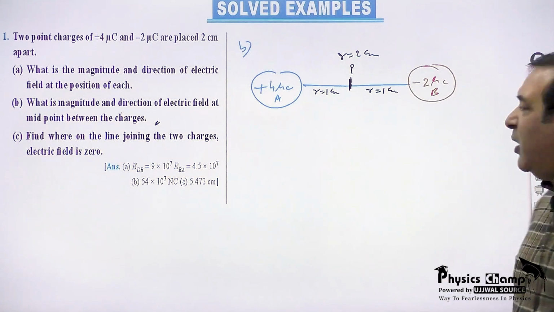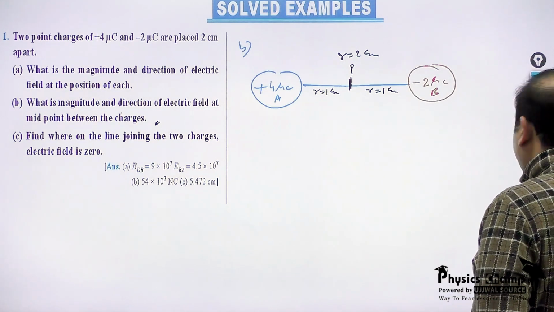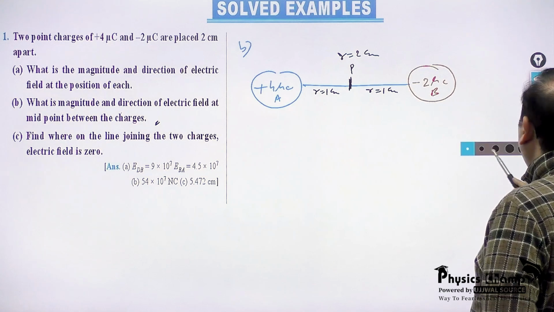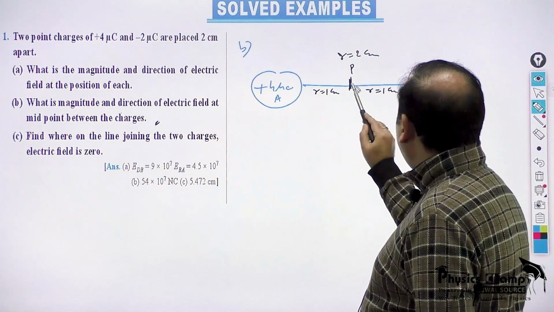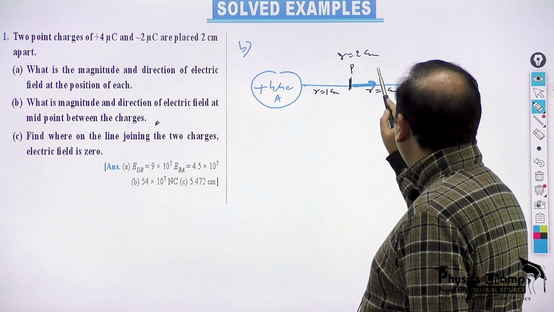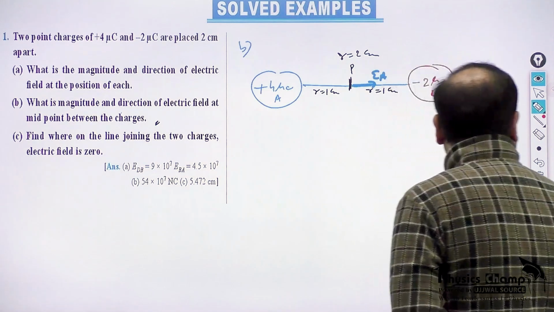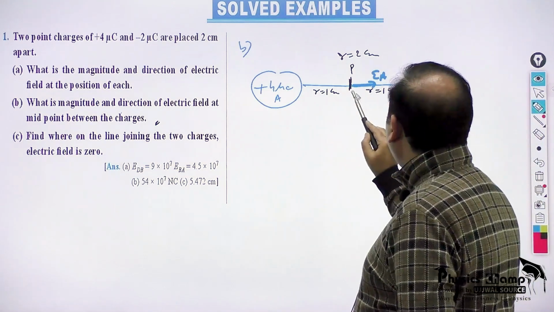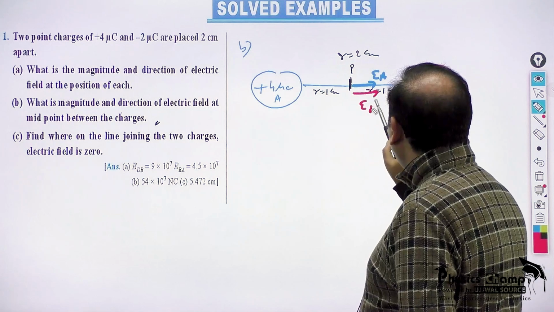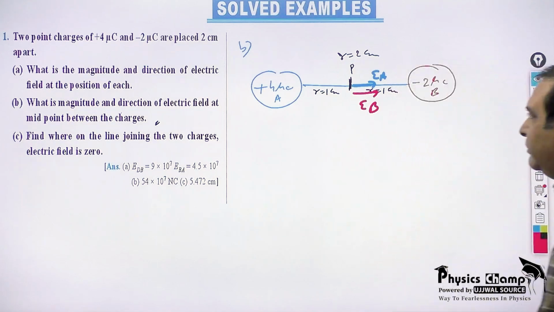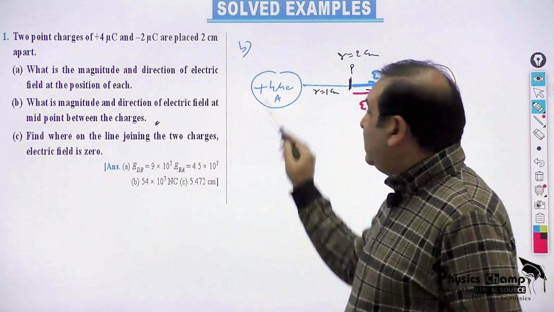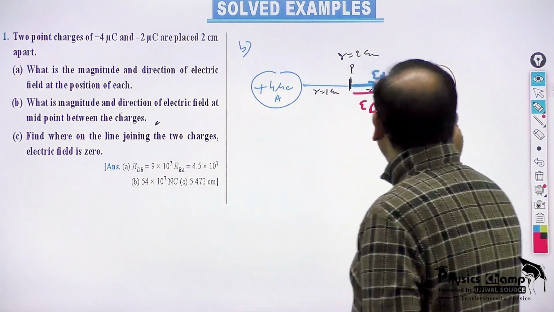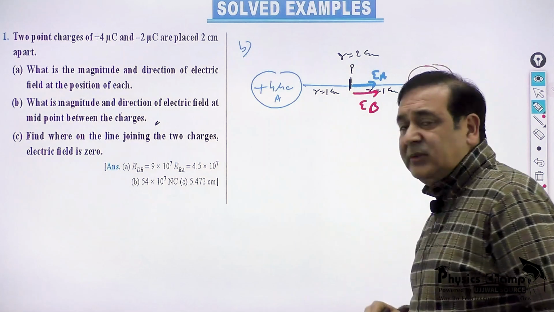So if we are looking for the electric field at P, there are two electric fields at P. One is the electric field due to A, EA, and another is the electric field due to B, which is EB. This charge A will provide electric field away from it because it's a positive charge, and this negative charge will provide electric field towards it.